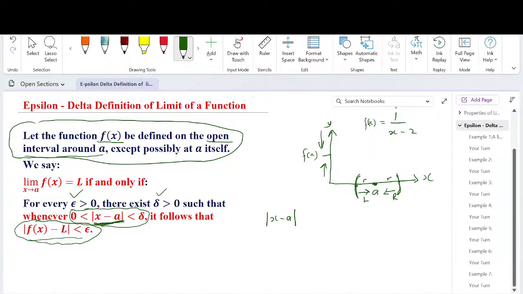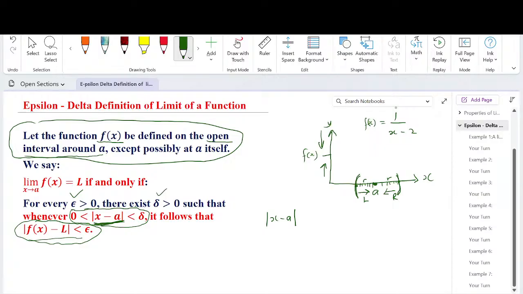Let's look into this diagram here. If A is here and we want to find the limit of a given function as x approaches something, maybe 1, 2, 3, what we are trying to do is to get the region where the point will be in this open interval. It could be here, or here, it could be anywhere here.